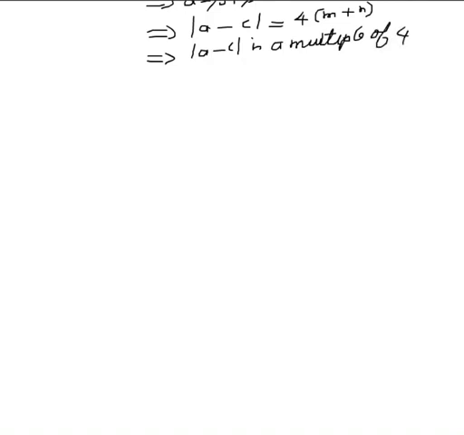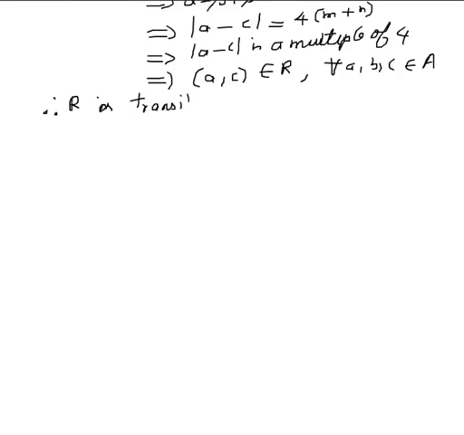Since it is a multiple of 4, I can say that it belongs to the relation R. So (a, c) belongs to R, and it is true for a, b, c from A. Therefore, R is transitive. We have proved that R is reflexive, symmetric as well as transitive. Therefore, I can say that R is an equivalence relation.